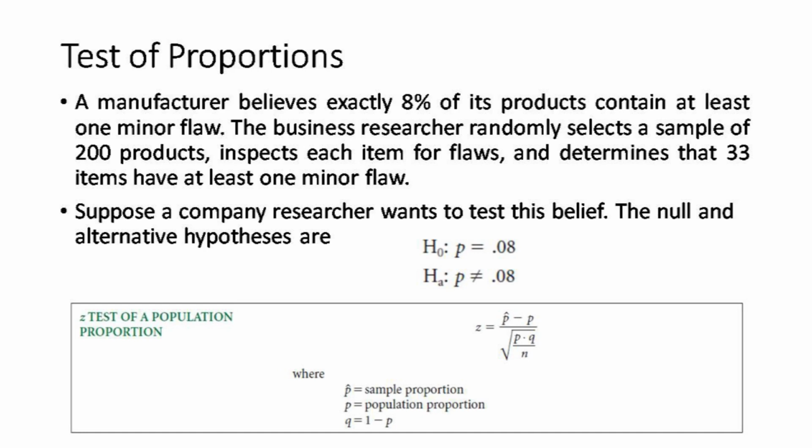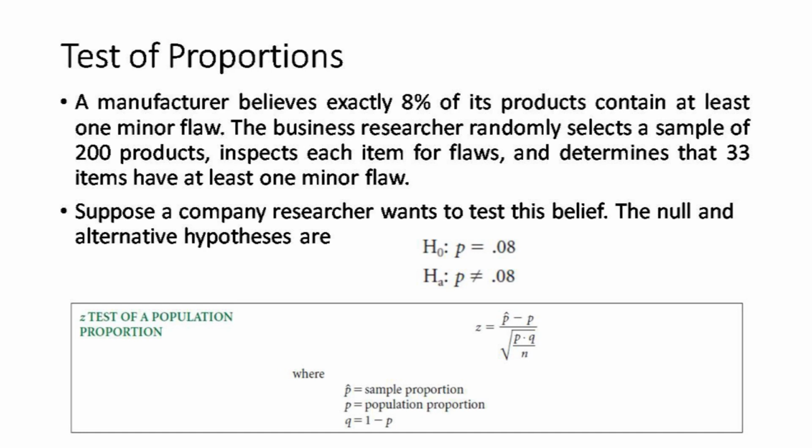Now, suppose the company researcher wants to test the belief that 8% of its products contain at least one minor flaw or not, then the null hypothesis and alternative hypothesis are P is equal to 0.08 and P is not equal to 0.08.